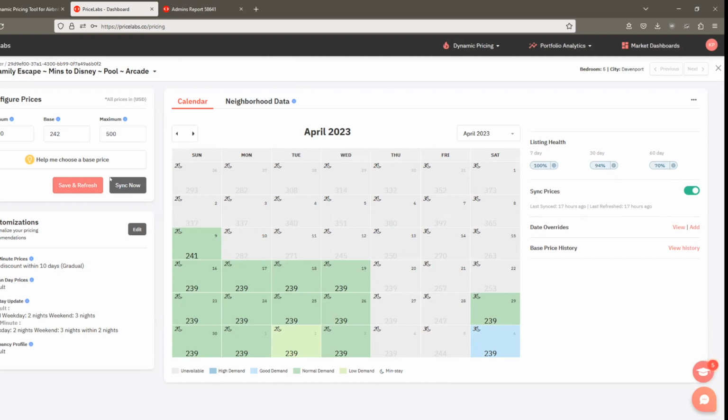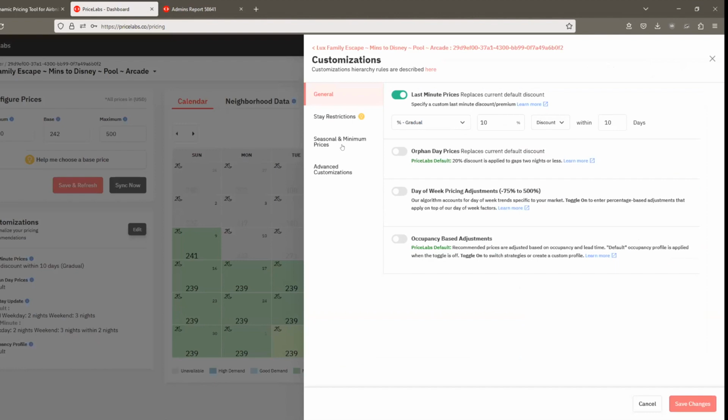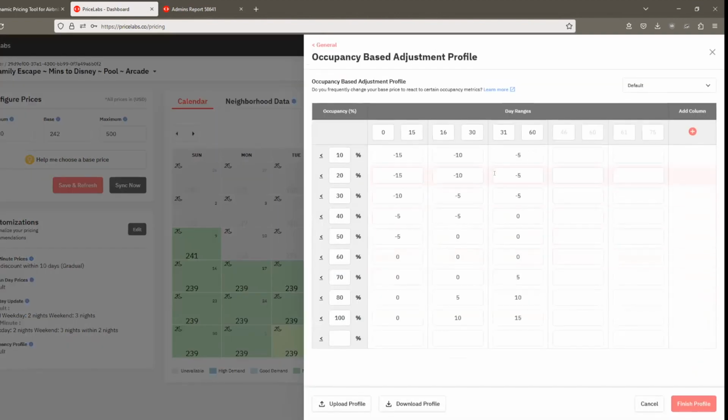But what we do have, and these are on by default, is you can say in the next 15 days, if I'm less than 10% booked for those 15 days, automatically drop the price. They're still going to stick to your minimum price. So if it's 239 now and it stays unbooked, it's not like it will go any lower because your minimum is 239.